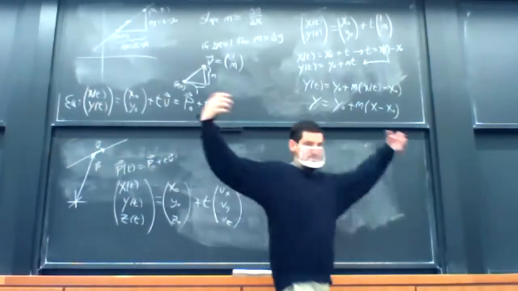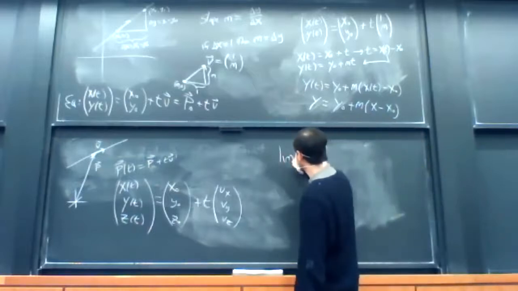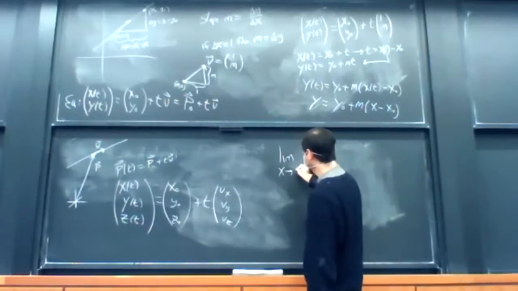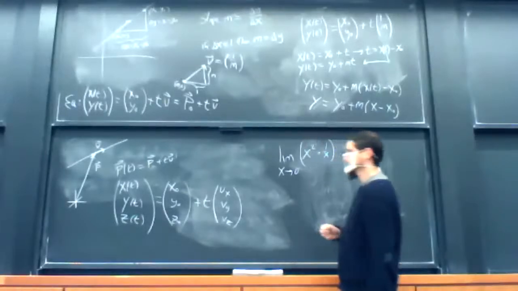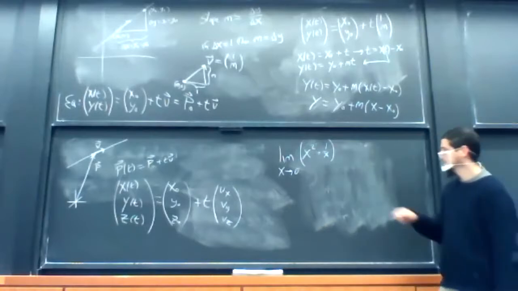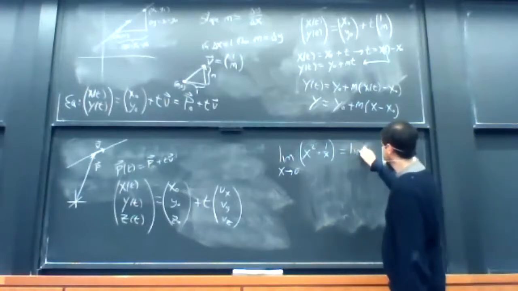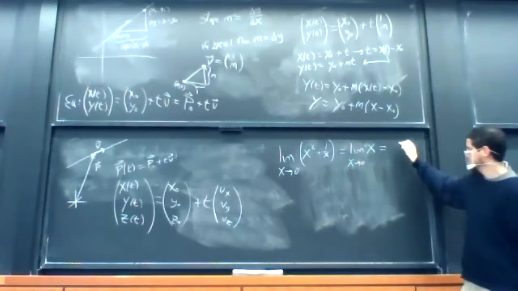It could be infinity. Infinity is the biggest thing possible. If I look at the limit as x goes to 0 of x squared times 1 over x, what does that equal? That's the limit as x goes to 0 of x, which is just 0.